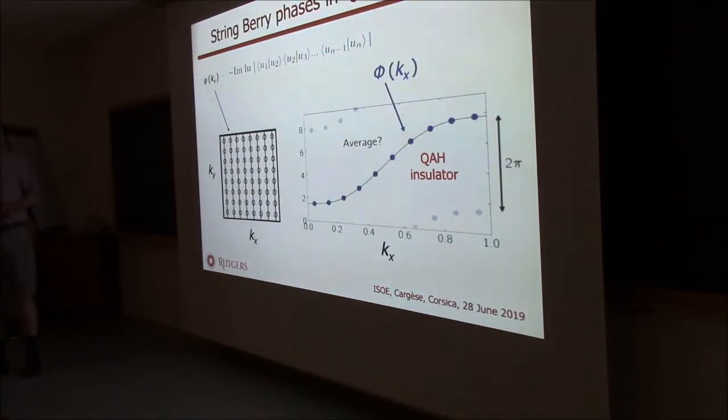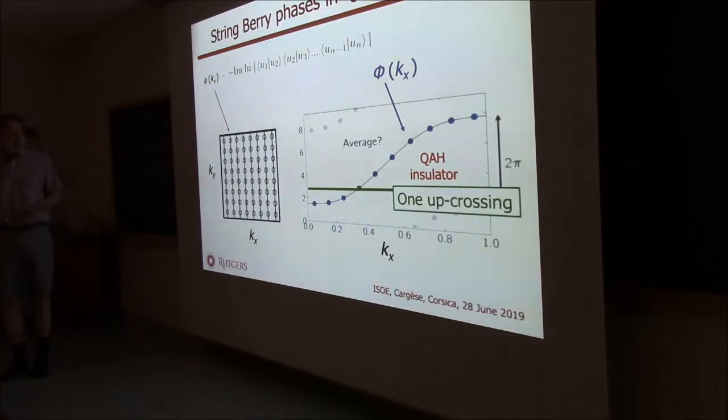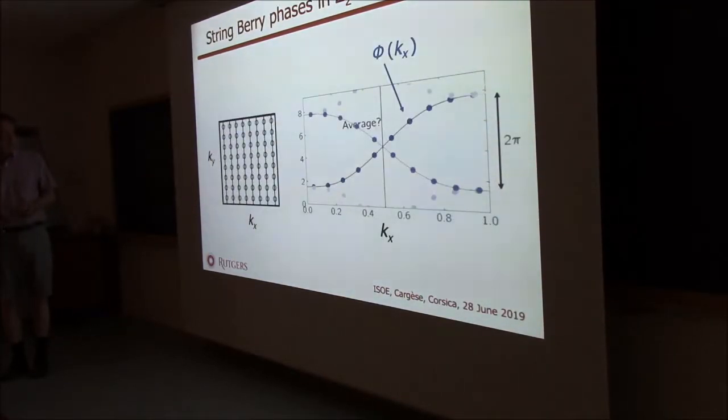Okay, so that's kind of the idea. Again, we can think of it roughly by taking the quantum spin Hall insulator with spin up, which has 1 up crossing, but now we add the other spin down branch.